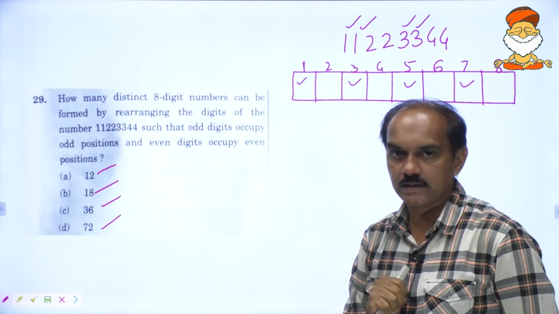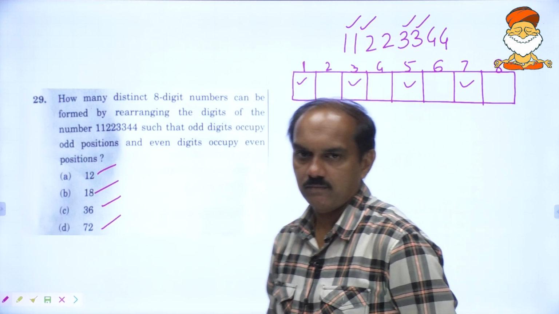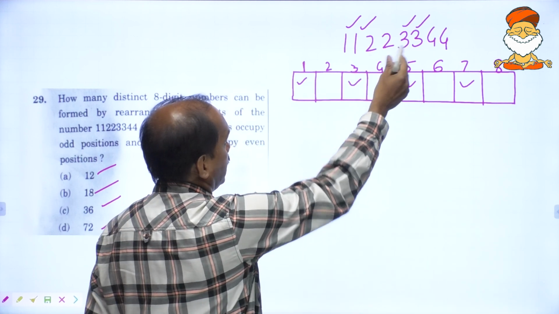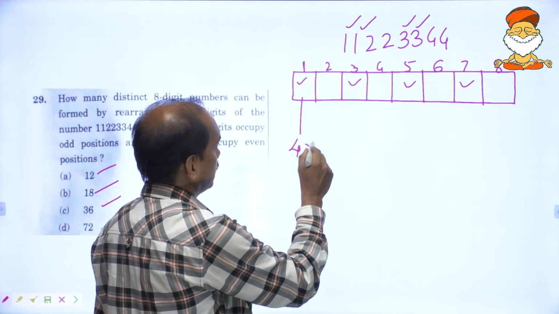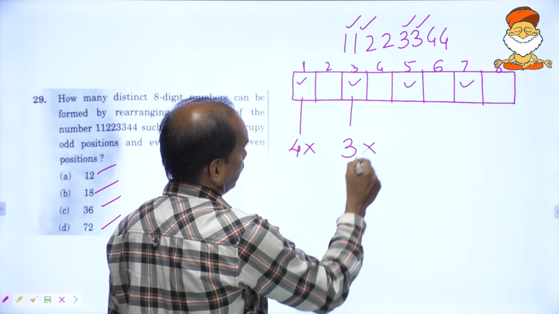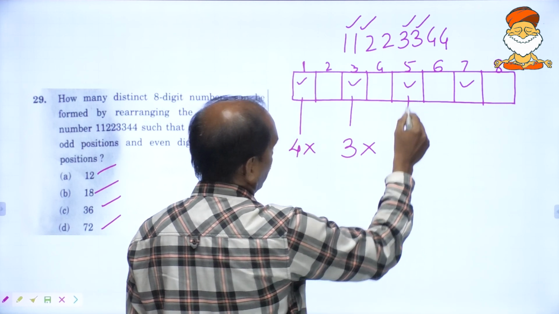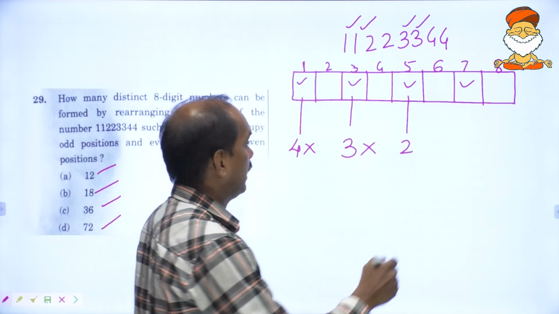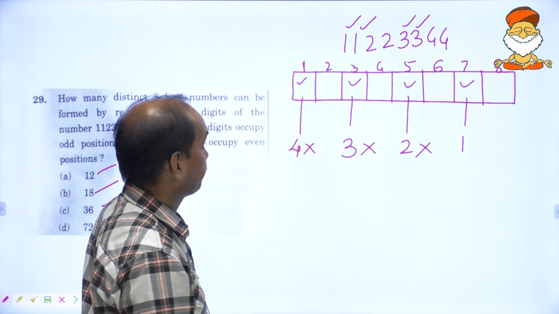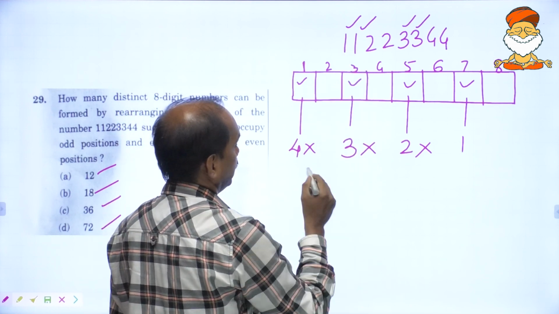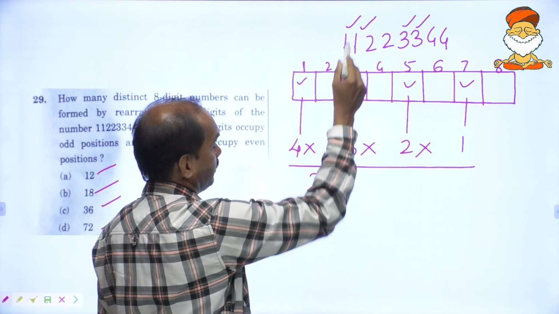These are the 4 odd digits, and we have got 4 places for them. Just fill them. Out of these 4, any of the 4 can come here, and after that, any of the 3, and after that, you can fill this box with any of the remaining 2 digits, and the remaining 1 should be placed here. But there are repetitions. 1, 1 twice, 2 times it is repeated, 2 into 1.